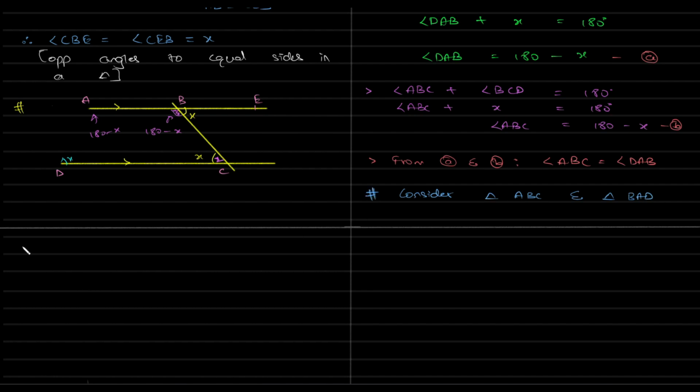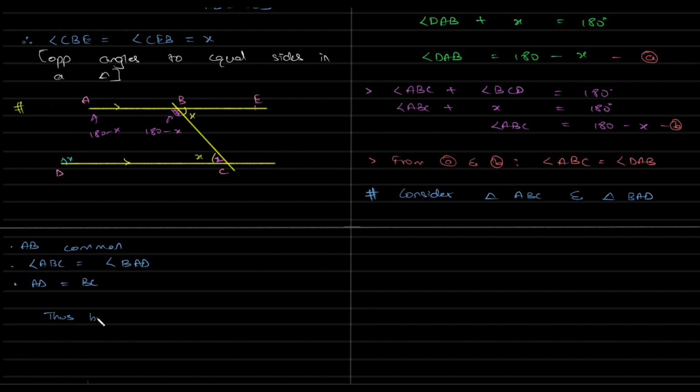Okay. So we have AB, that is common. Then we have angle ABC, which is equal to angle BAD, right? They are equal, we already proved that. And we have AD is equal to BC, this also we have proved.